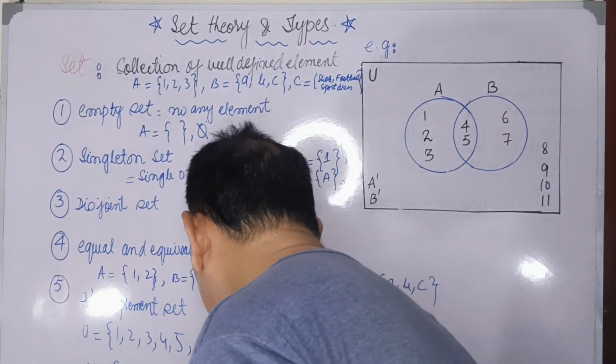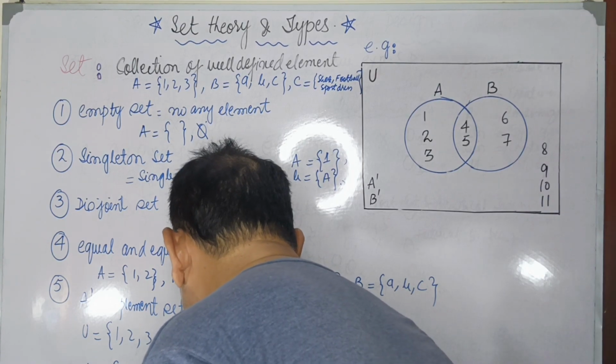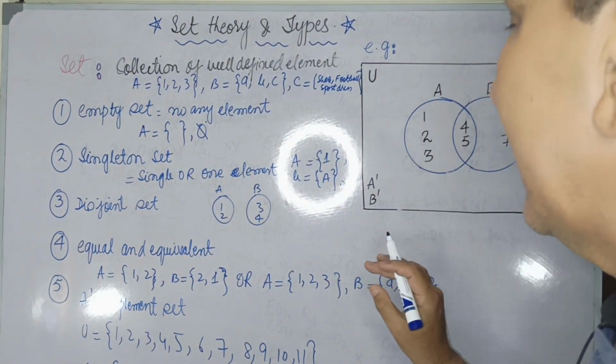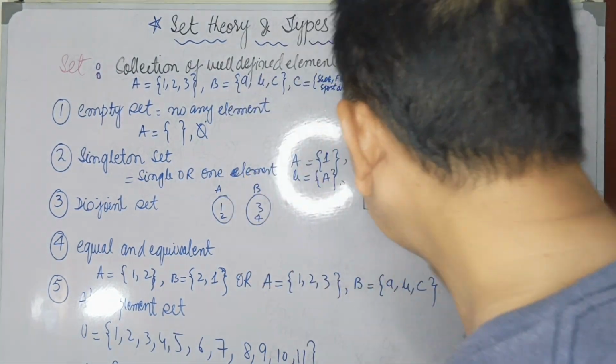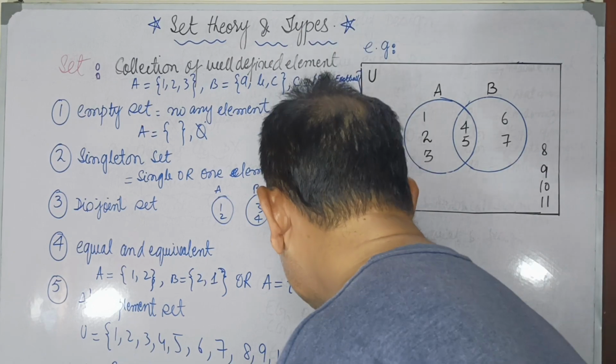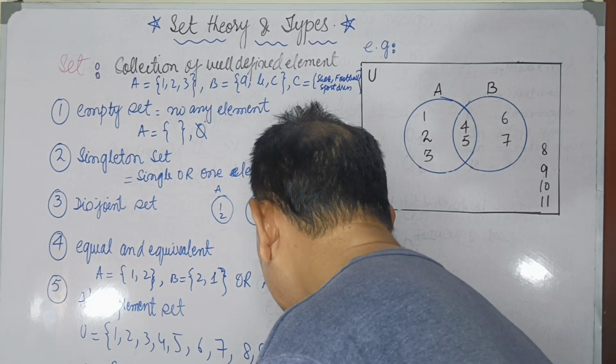Now suppose B complement. For the B complement, first of all we will write down the B set. What are the elements inside the B set? They are 4, 5, 6 and 7.